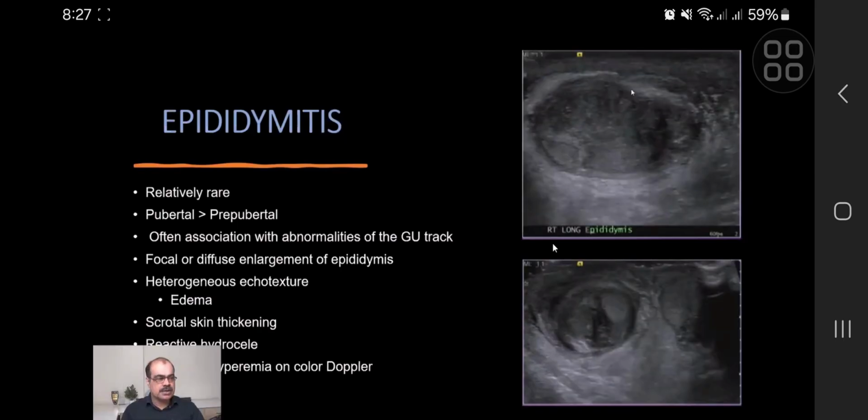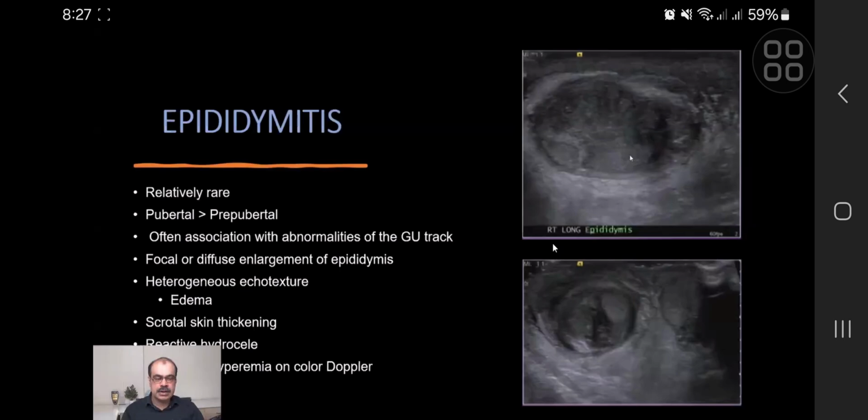In epididymitis you can see scrotal wall thickening, reactive hydrocele, and significant hyperemia of the epididymis, and then you have a typical history of fever, which you are less likely to find in the other pathologies we have discussed so far.